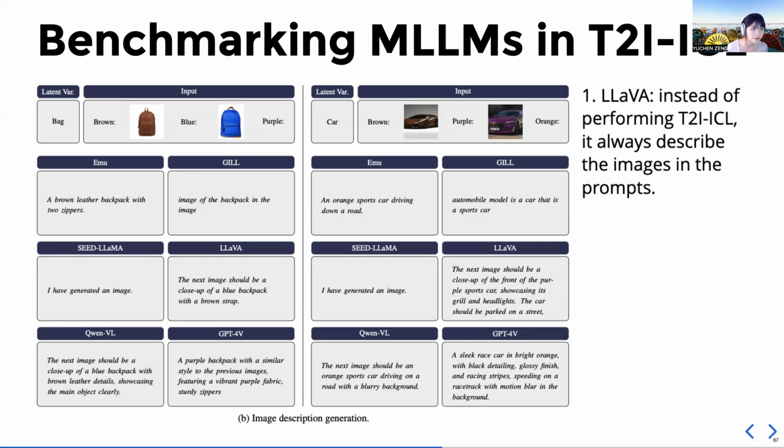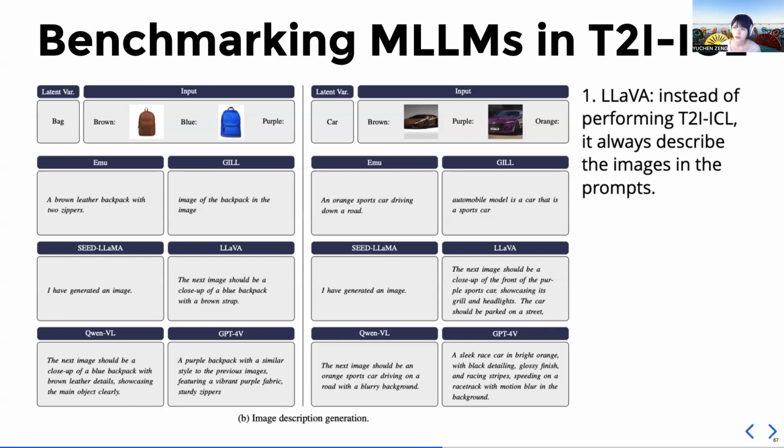In the example on the left-hand side, LLaVA's output is: the next image should be a close-up of a blue backpack with a brown strap. So it is just describing the last image presented in the prompt instead of making any prediction. In the example on the right-hand side, the output is: the next image should be a close-up of the front of a purple sports car. Again, it's just describing the last image in the prompt.